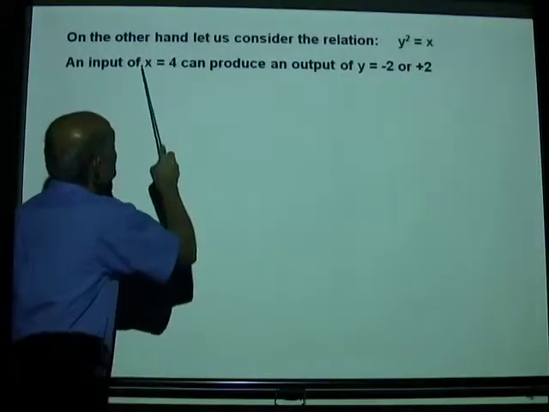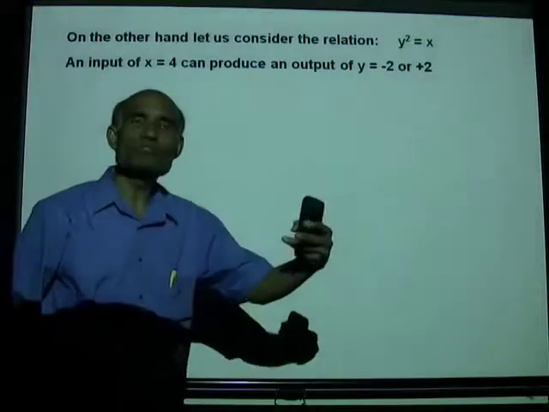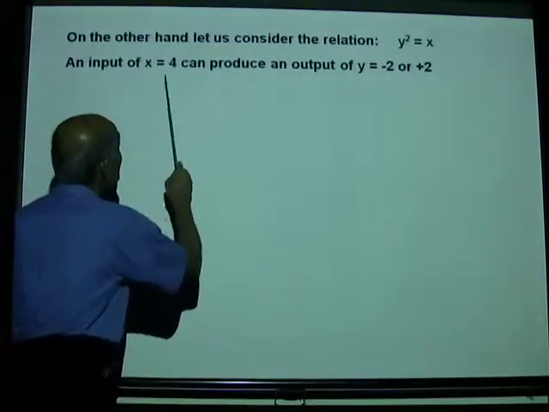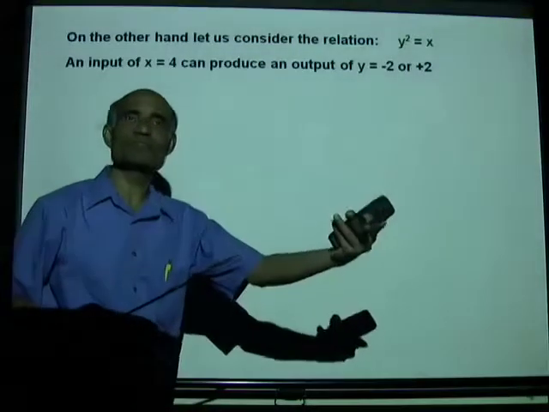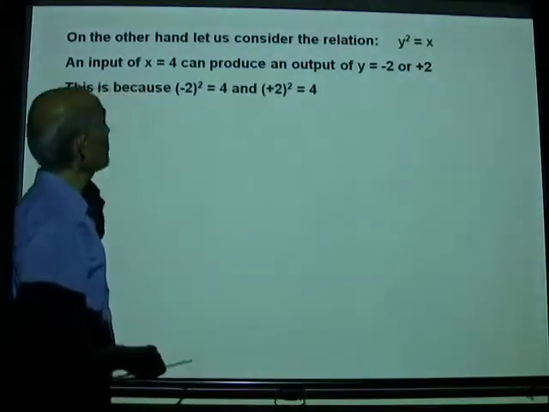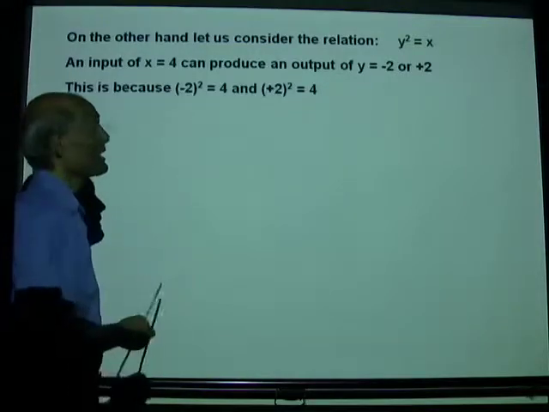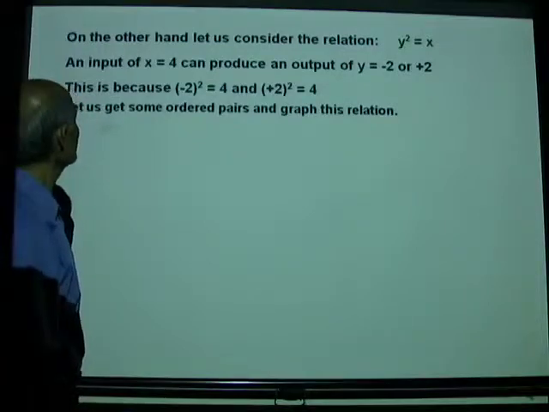So a single input x equals 4 will actually produce two values of the output, y equals -2 or +2.